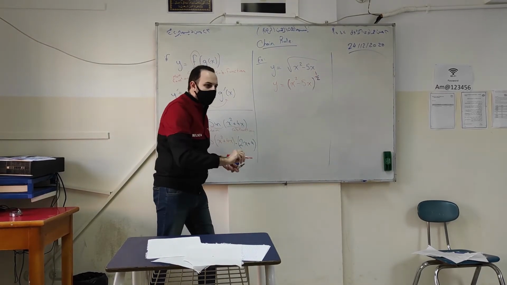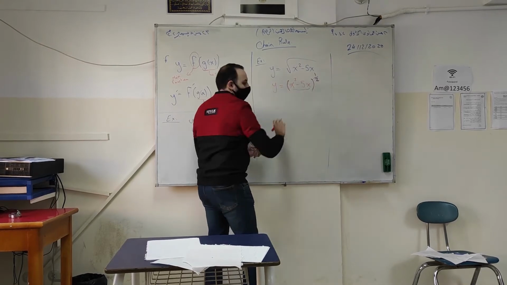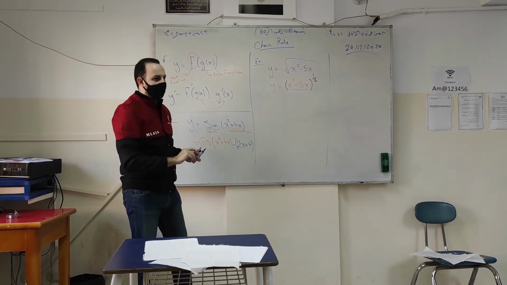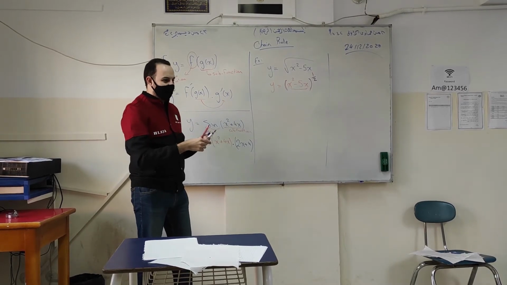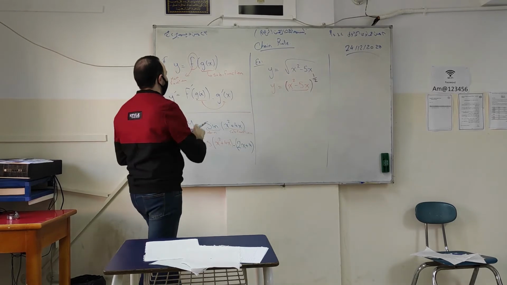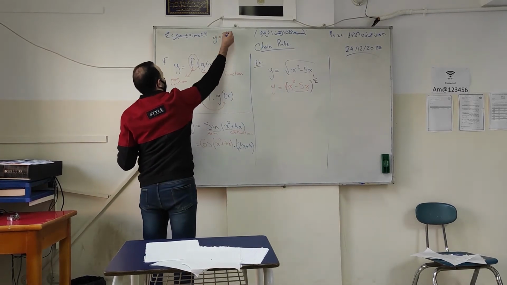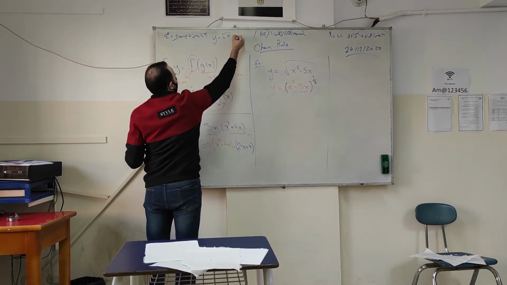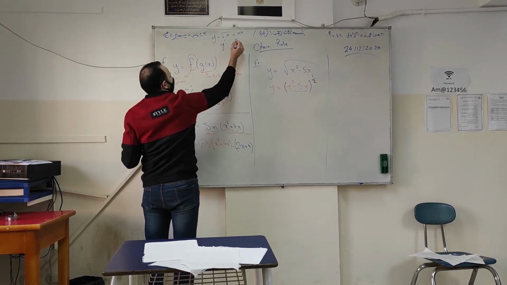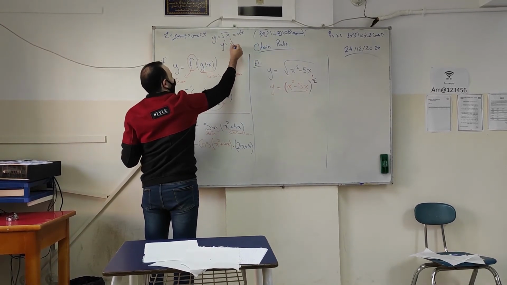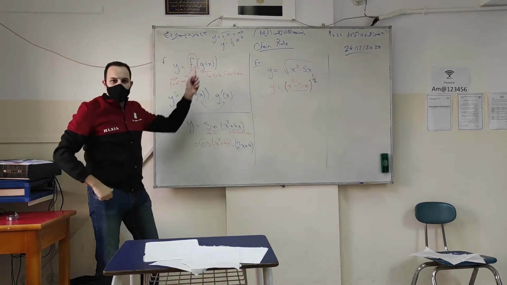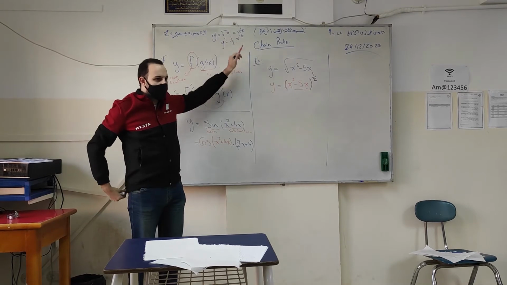And where is the subfunction? Do you remember when I have y equals root x or y equals x power half, how can we differentiate this? Half x to the negative half, right?